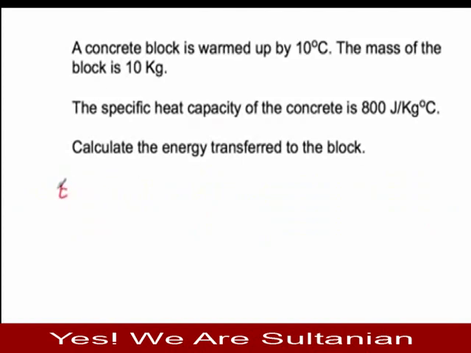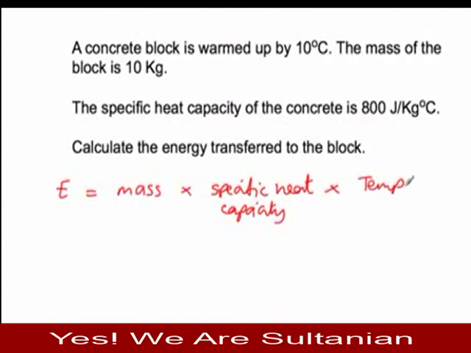you'll have energy transferred equals mass times specific heat capacity times the temperature change or the temperature difference. Okay, and it's just a question of using this formula and then putting in the values.